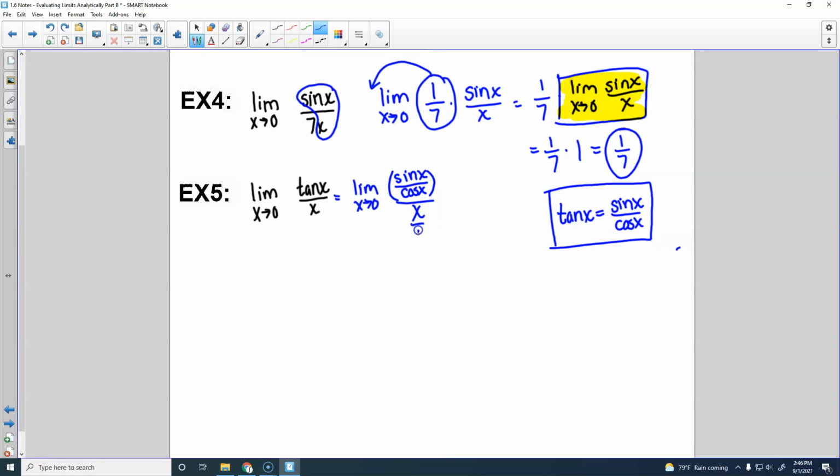Dividing fractions is easy as pie. Flip the second and multiply. You could skip that step if you would like, yeah. So I'm going to write it like this.